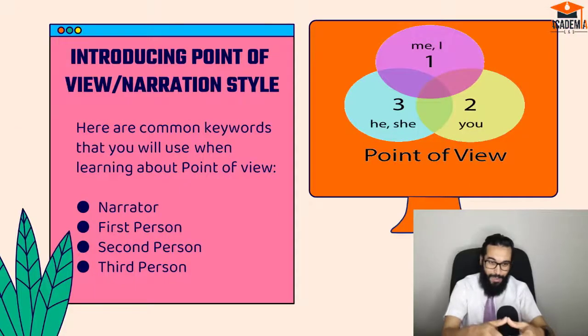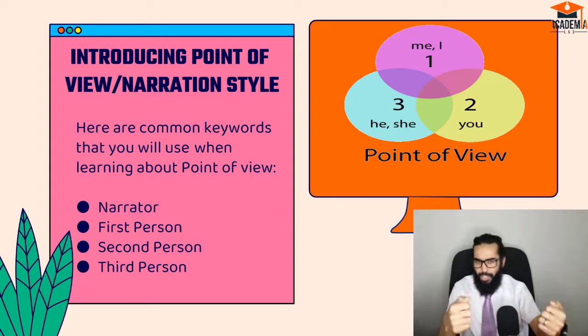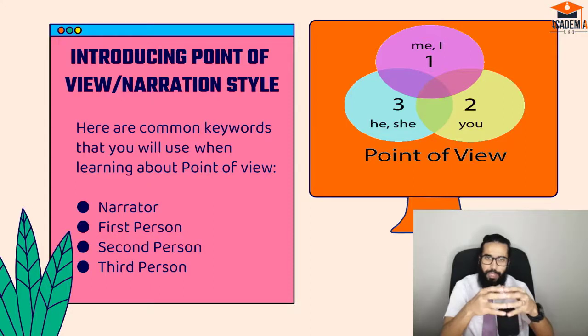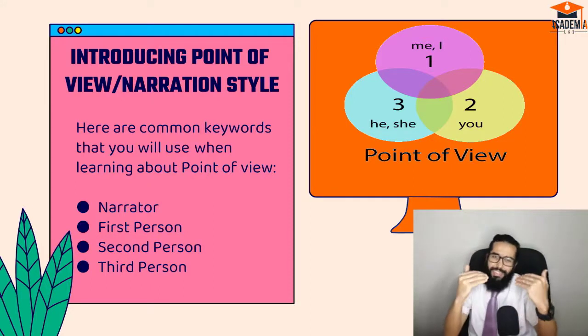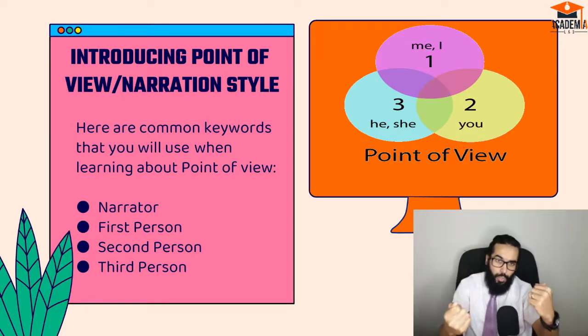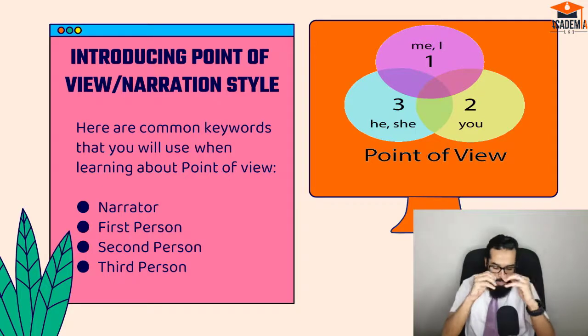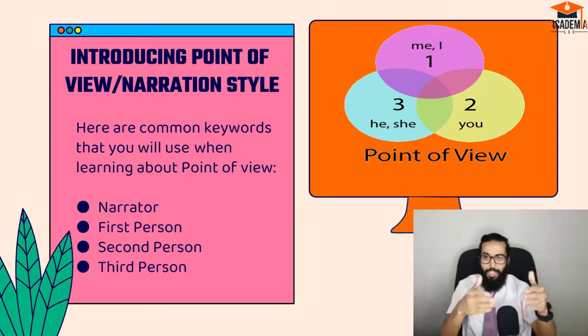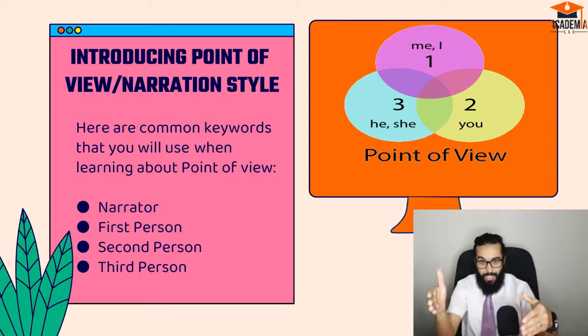Okay, great. We'll come back. Now, introducing point of view and narration style. This is a very important aspect, and when we went through the lesson, I noticed that some of you did not understand what we were talking about and what we meant by point of view or narration styles. When we read short stories, long stories or any text, sometimes we feel that a story is being told, and that story is told from a perspective.